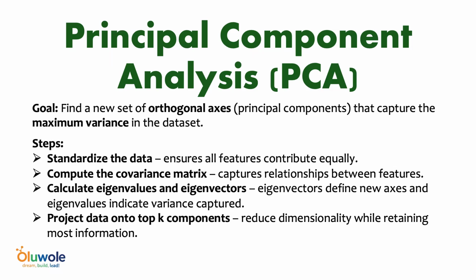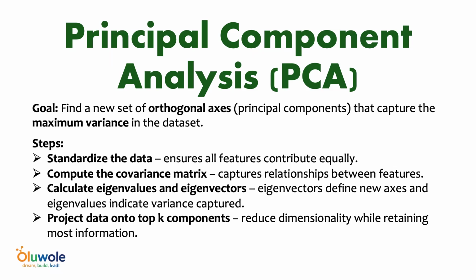Then you can calculate your eigenvalues, or the eigenvectors. What does it do? It helps you to define new axes. It creates new principal components for you. And it tells you, okay, the variance here is good. You can use this feature to carry out your diagnostics.